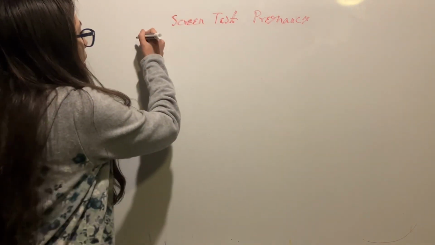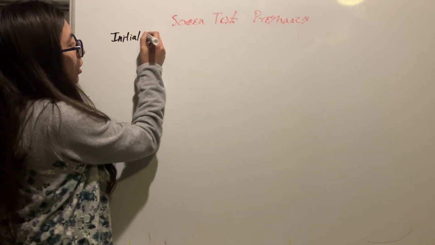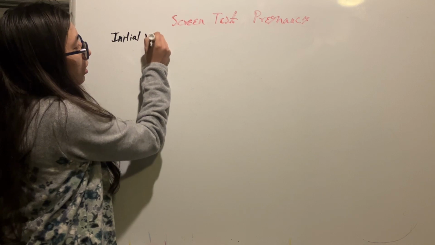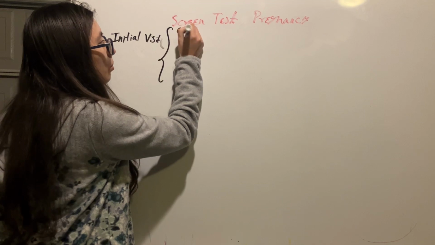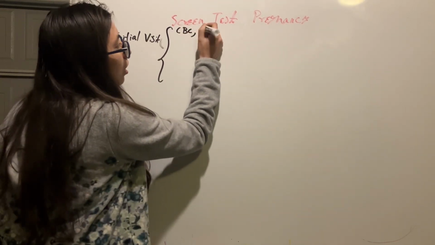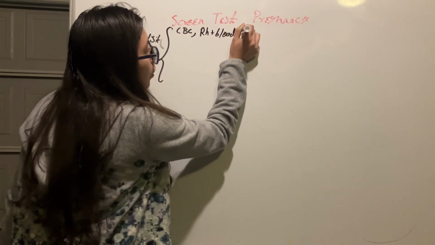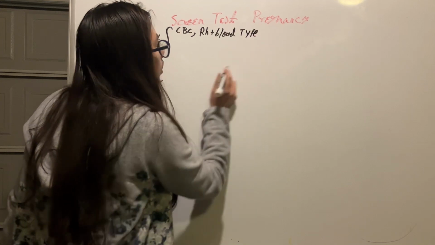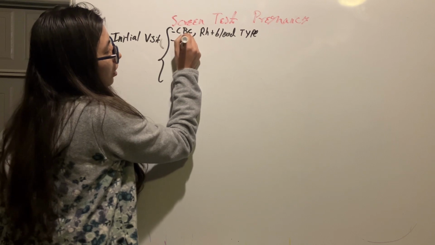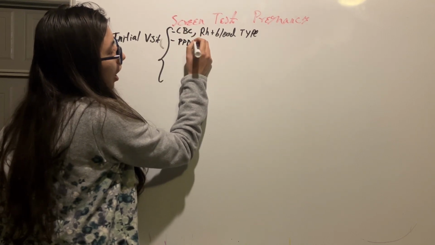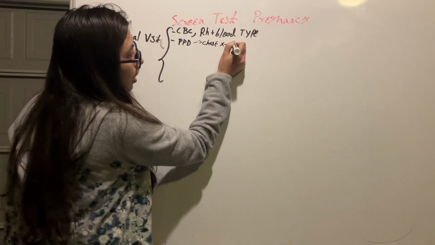In the initial visit, which most of the time is going to be during the first trimester, we do a complete blood cell count, we do the Rh and blood type of the mother, we evaluate for infectious diseases, for example, the PPD test, and if this is positive, then we will order a chest X-ray.